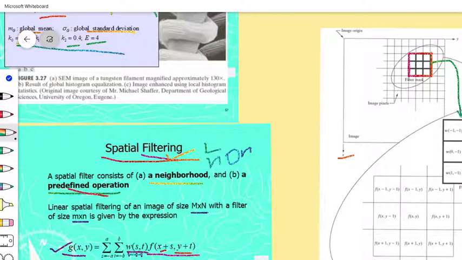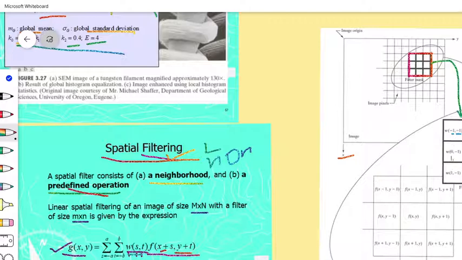So the filter coefficients are: first coefficient -1 comma -1, x coordinate, y coordinate, and second -1 comma 0, -1 comma 1.